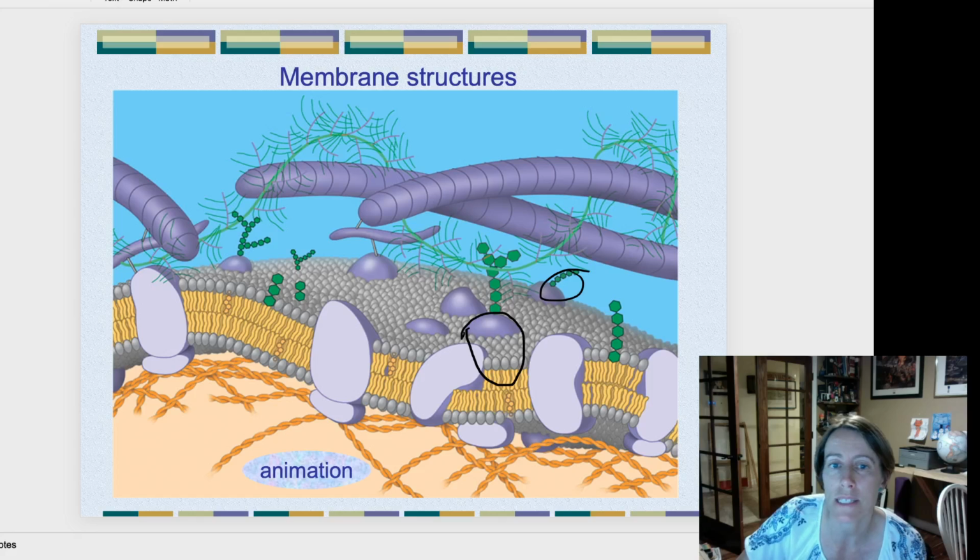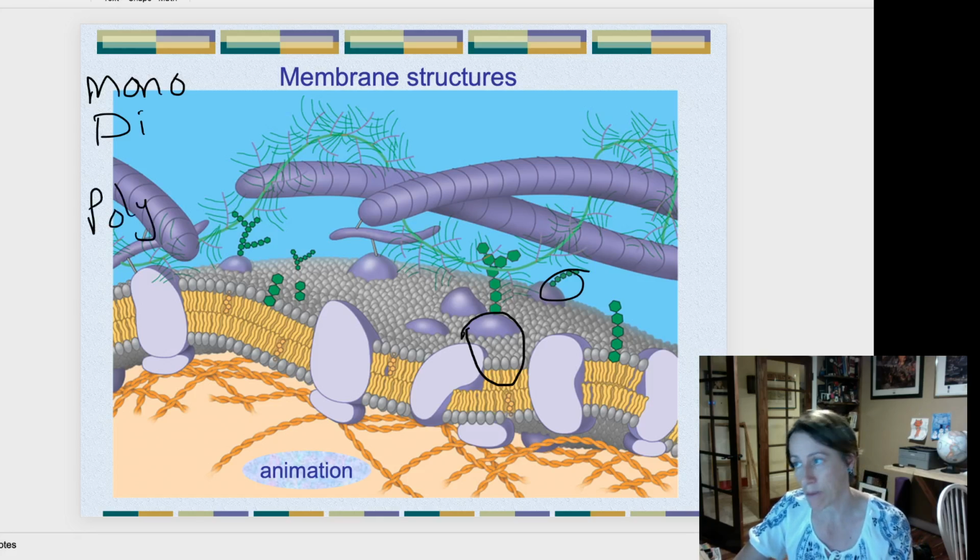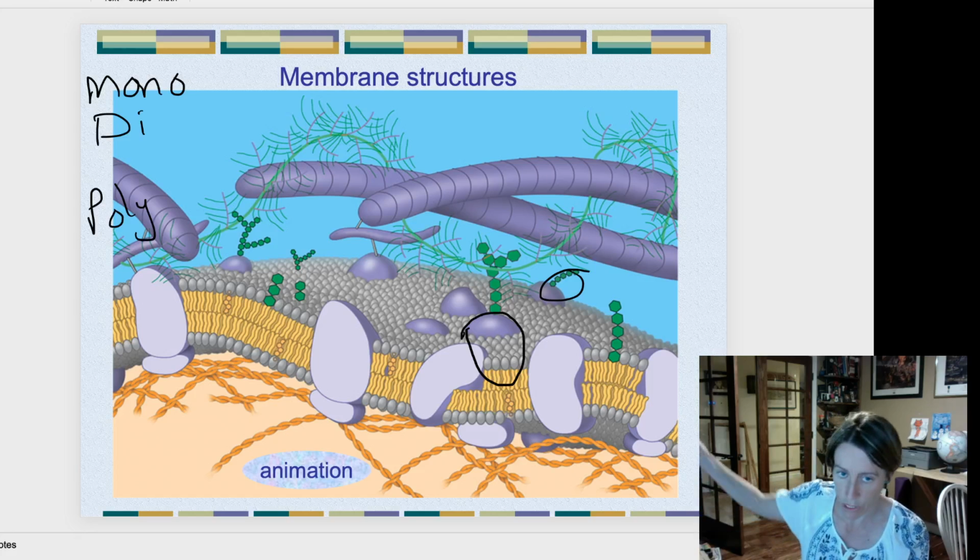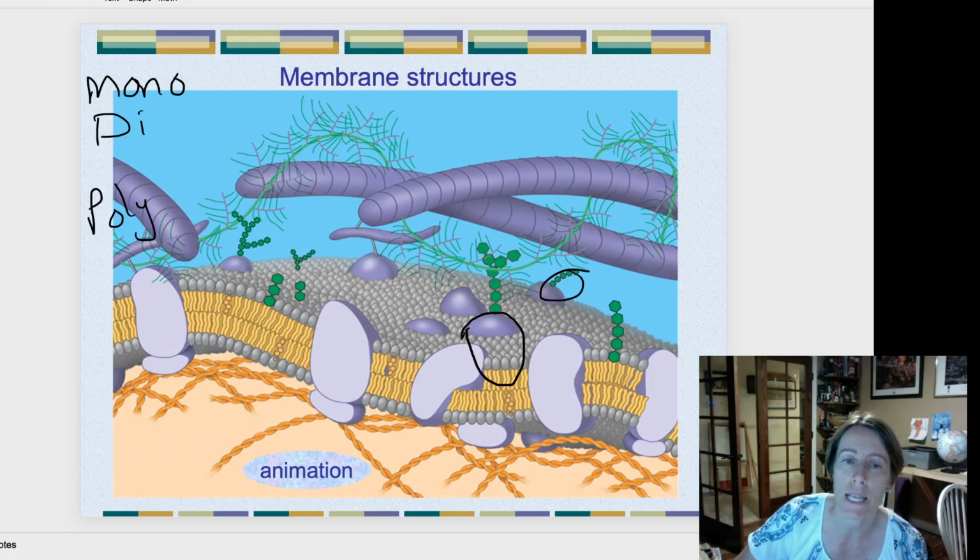We've already seen the term monosaccharide, which was one of them on its own, and a disaccharide, which was two of them stuck together. We've also heard the word poly, like a polysaccharide, from many of them, like starch, which was many of them all hooked together. This is somewhere in between. It's not many, but it's not just two.